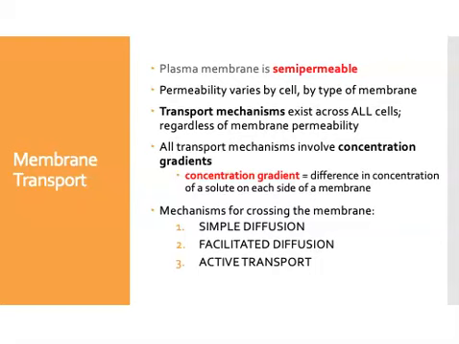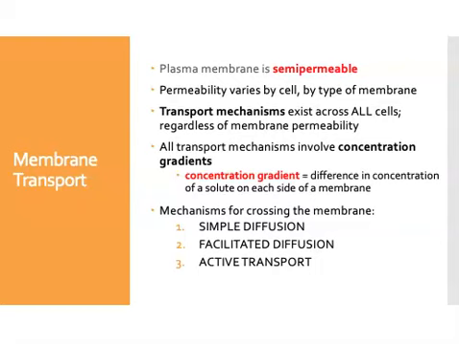These transport mechanisms that we're going to be talking about are different. Transport mechanisms exist across all types of cells, all types of membranes, regardless of the permeability of that membrane. Transport mechanisms involve concentration gradients. Now, what do I mean when I use that term?